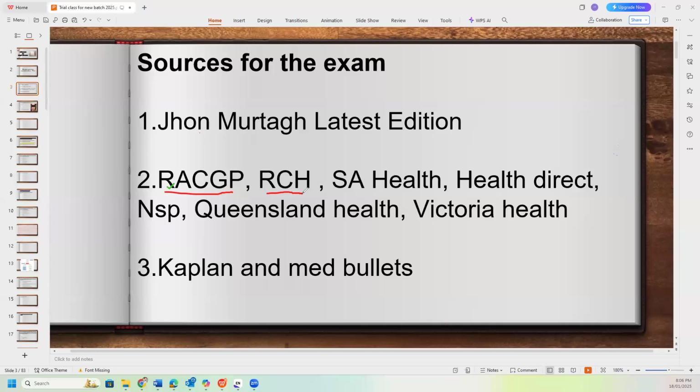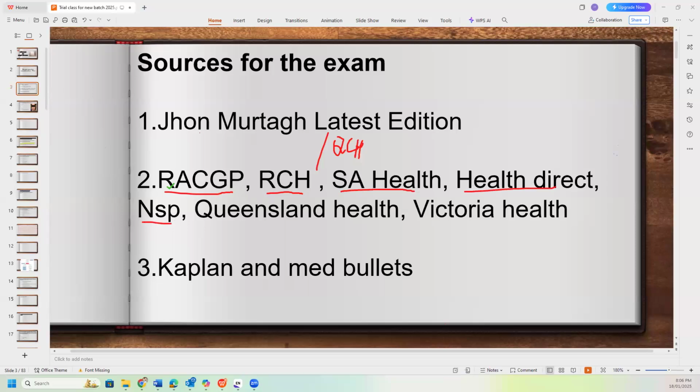Then you have RCH guidelines, or sometimes you can also see QCH, Royal Children's Hospital in Melbourne and Queensland Children's Hospital. They also have guidelines about various diseases or presentations of clinical symptoms in children as well. Then you can also see the majority of the tutors using SA Health, South Australia Health guidelines, which include basically obs and gynae cases.